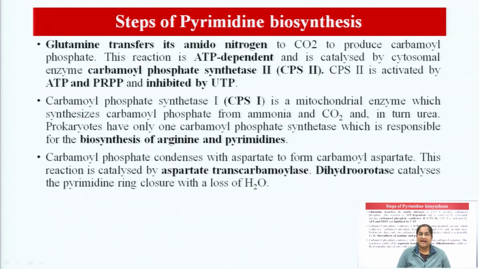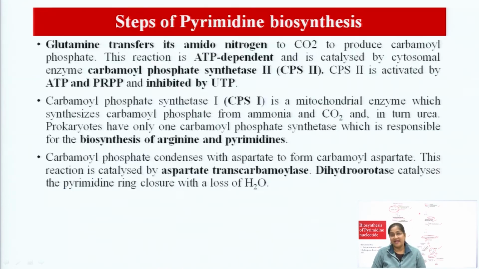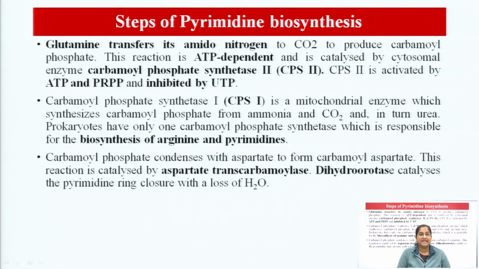This reaction is entirely ATP dependent, and the enzyme working here is CPS2, carbamoyl phosphate synthetase 2, a very important enzyme because it helps in the regulation of pyrimidine biosynthesis.